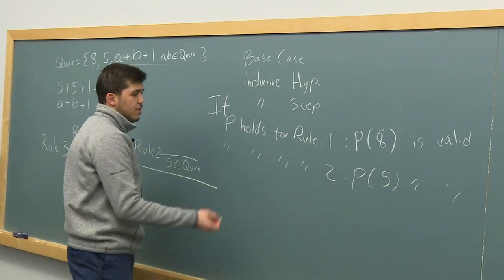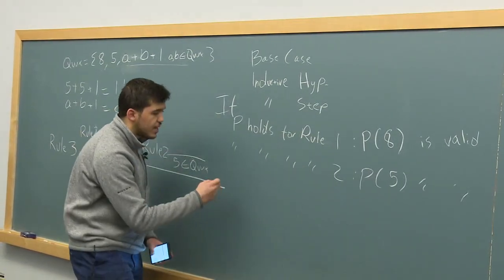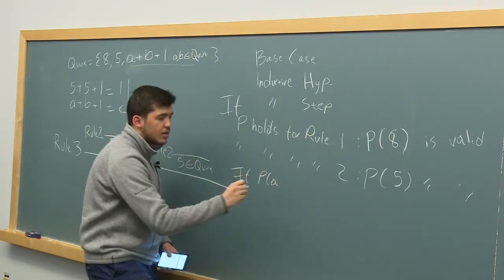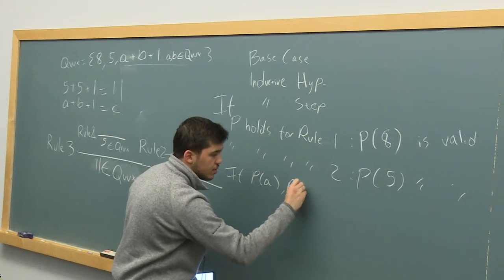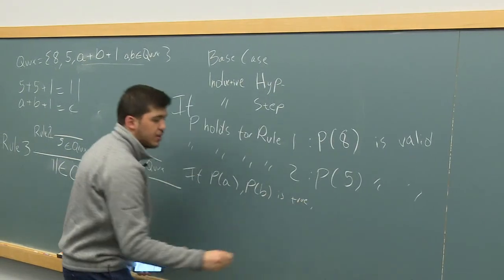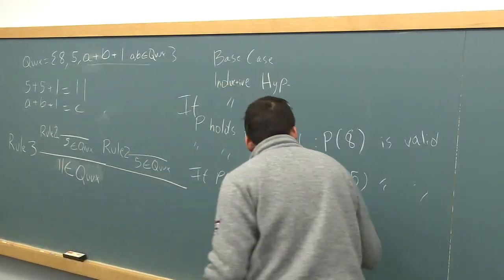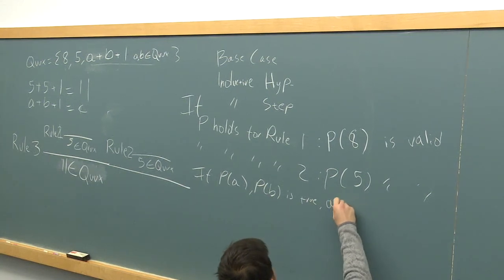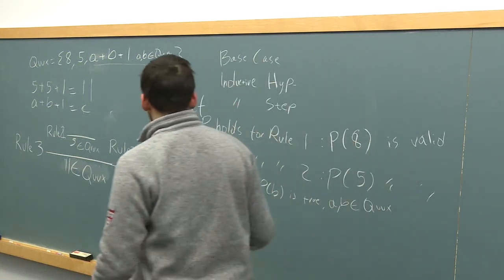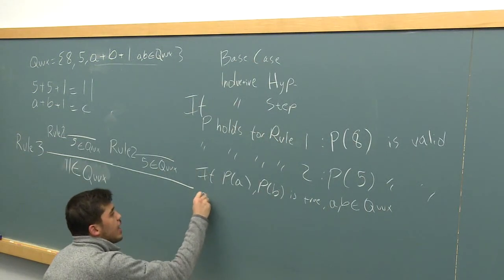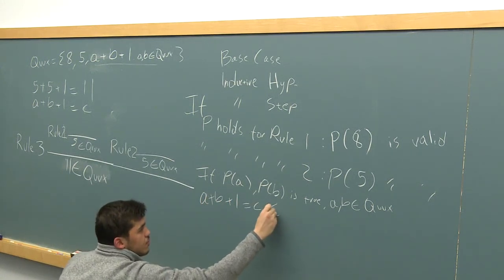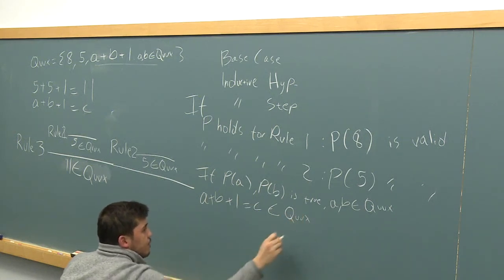So that would be where we need to show that if P of A, P of B is true, where A and B are elements of Qs, right, then we need to prove that A plus B plus 1 is equal to C is also a member of Qs. Yeah.